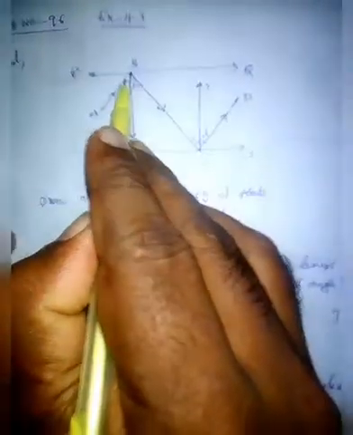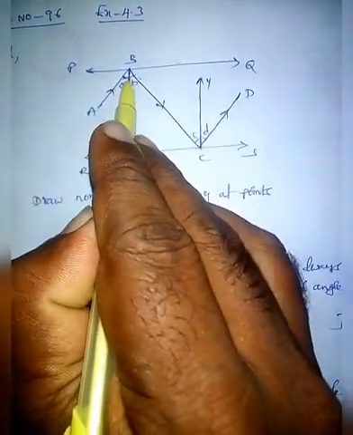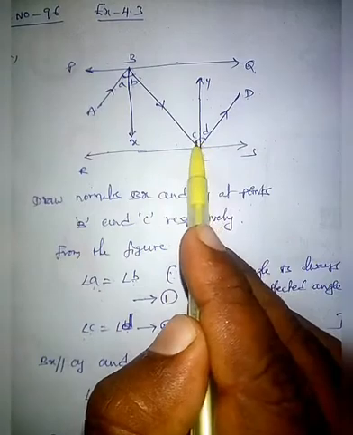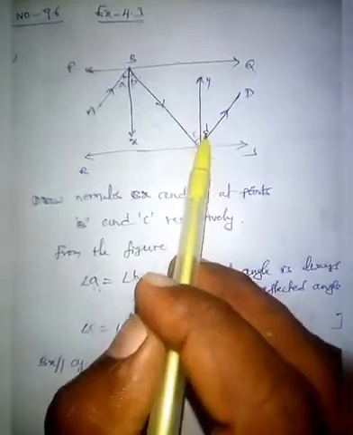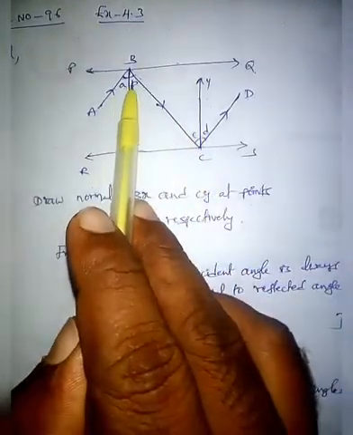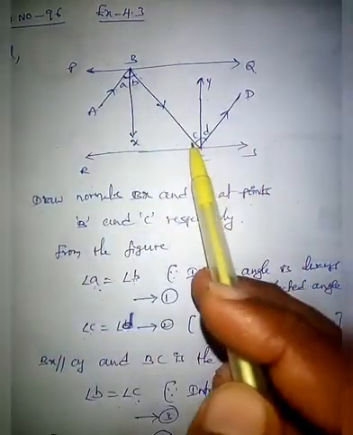So now angle A plus angle B, this entire angle, is equal to angle C plus angle D, because all these four angles are equal, so the sum of any two angles is equal to the sum of the other two angles.